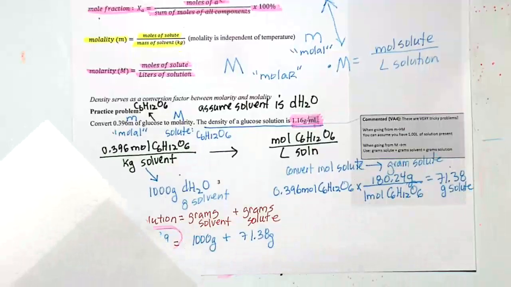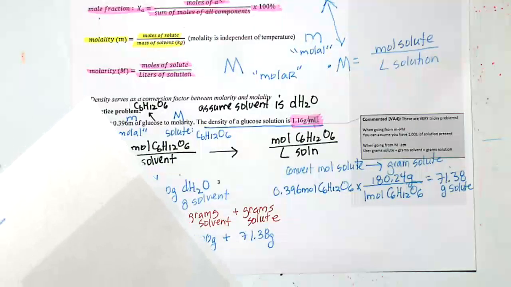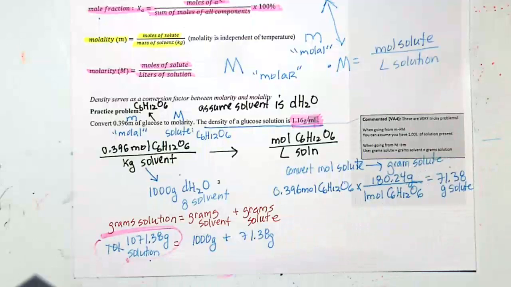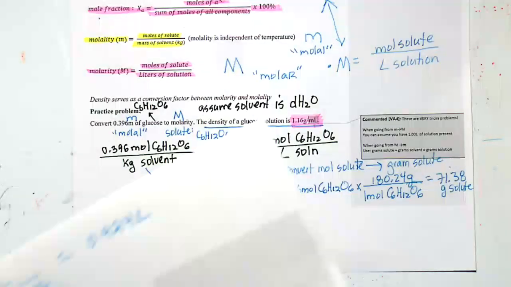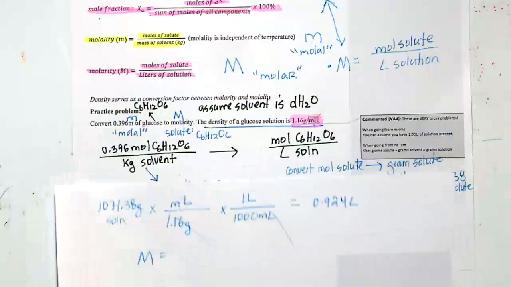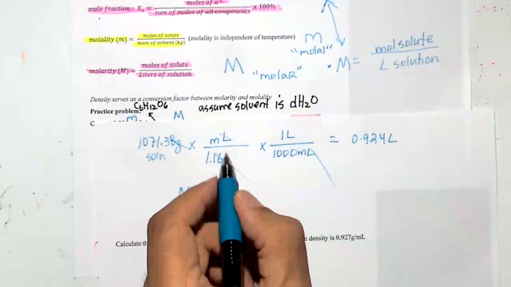Then why is it 1,070? Because of this. Grams of solution is grams of solute plus grams of solvent. Okay, so moles of solute is going to still be 0.396 moles.